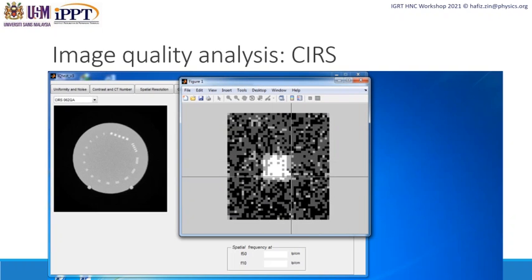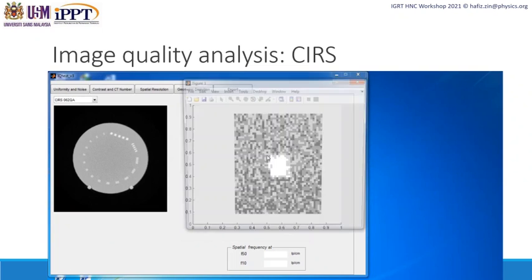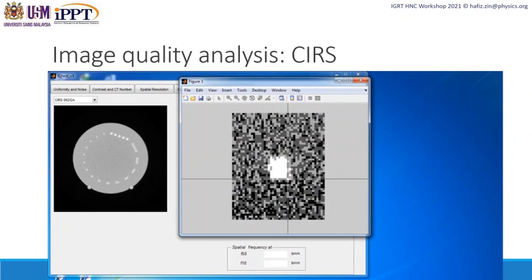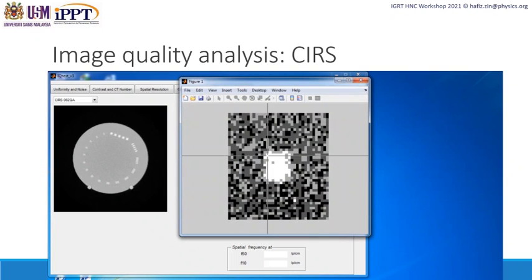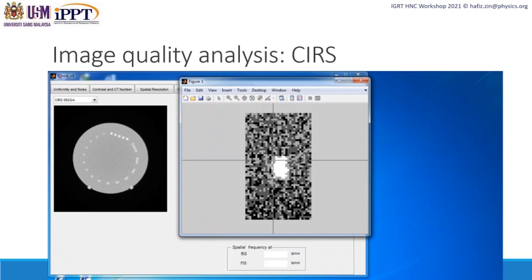So we straight away evaluate each of these line pair sets automatically without having to select each of the regions. We just select the images, and the result will be obtained automatically as an MTF plot that will be shown later.